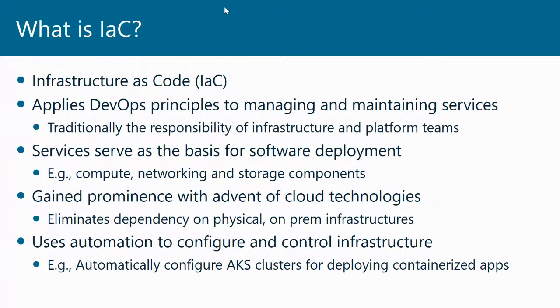But about 2017, 2018 or so, that was the time when I started to see a huge explosion of interest. And IAC uses automation to configure and control the infrastructure. That's the key word here, automation. We want to be able to automatically, for example, and this is one of the demos that we're going to be doing, configure AKS clusters. AKS, if you don't know that, is Azure Kubernetes Service.